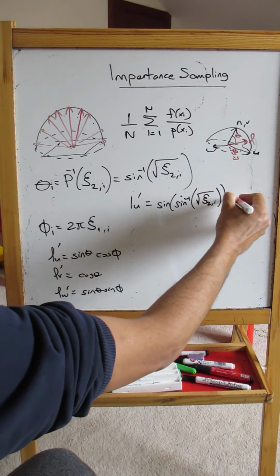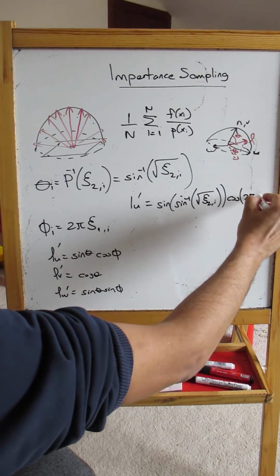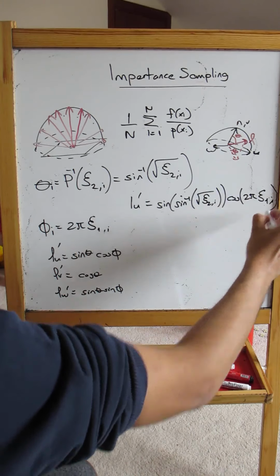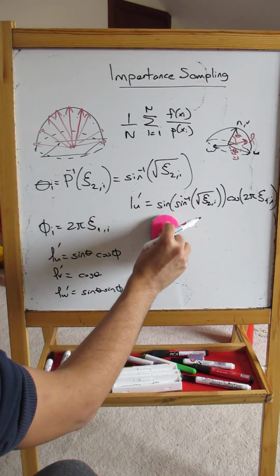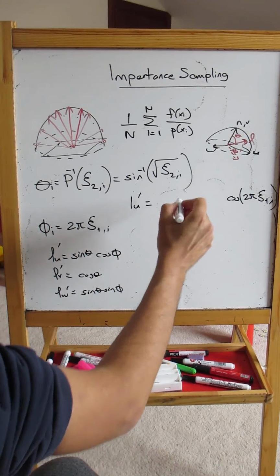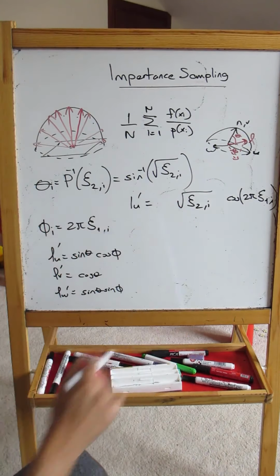Okay, and then cos phi. What is phi? Phi is 2 pi chi 1i. Okay, so as you can see, these two functions cancel out each other. So here you end up with simply the square root of chi 2i.